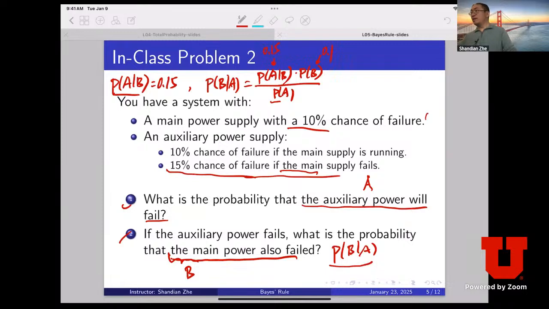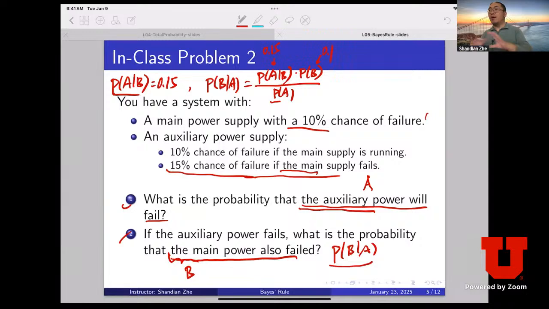Exactly, again, apply the total probability. P of A means the overall probability that the auxiliary power will fail. So this contains several cases. Maybe the main power is still running, but then the auxiliary power fails. Or maybe the main power has already failed, and then the auxiliary power has also failed.